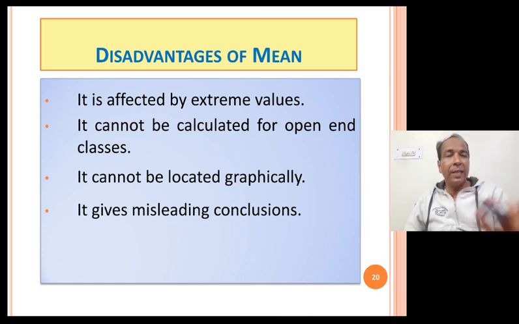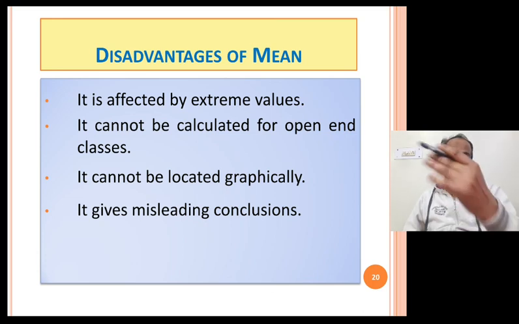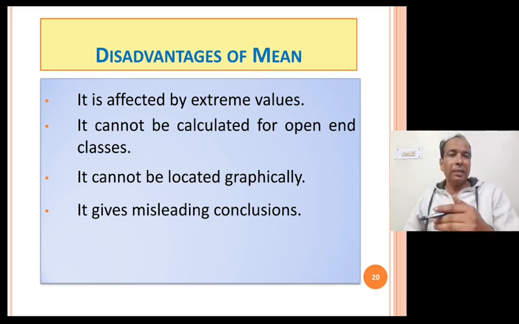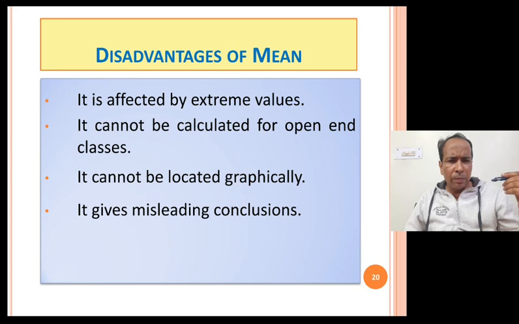It gives misleading conclusions. Why? Suppose you want to cross a river, and somebody has given you the depths of the river: 2 feet, 3 feet, 9 feet, 4 feet, 2.5 feet, 4.5 feet, 5.5 feet.